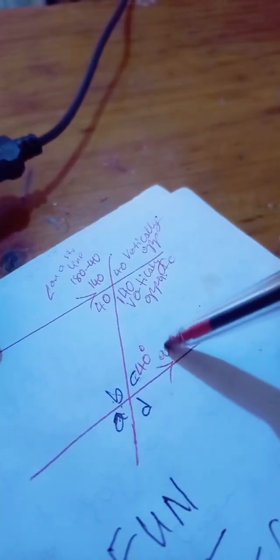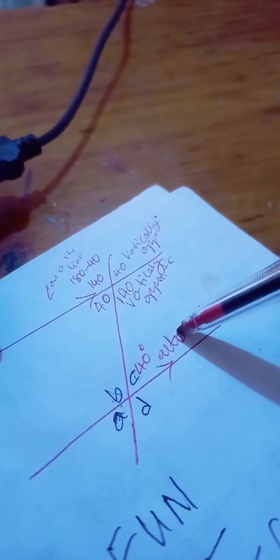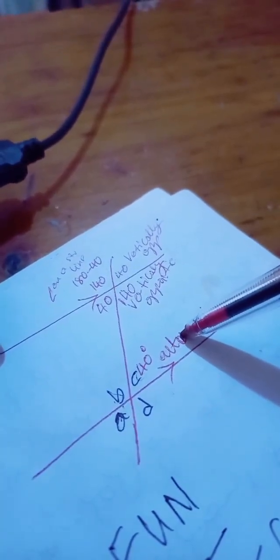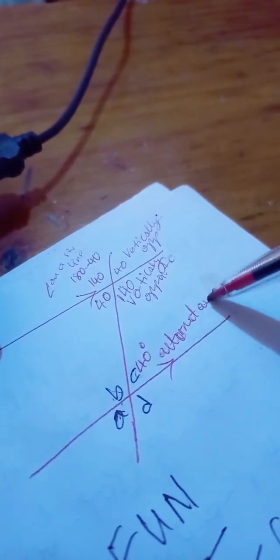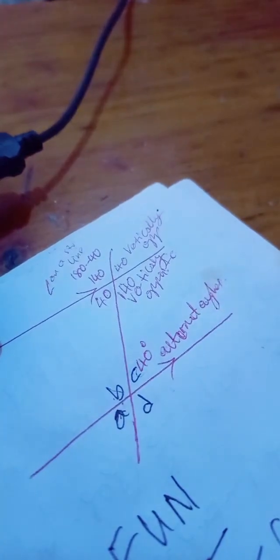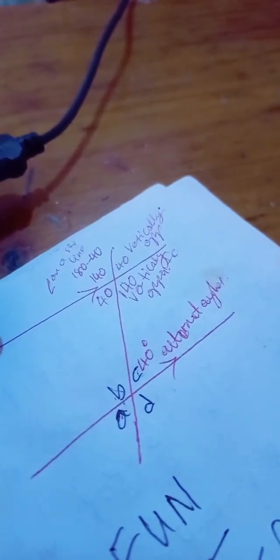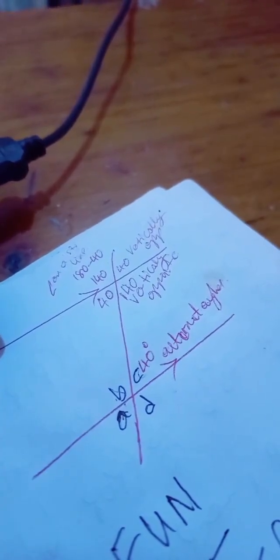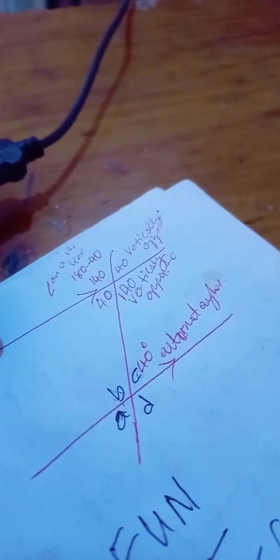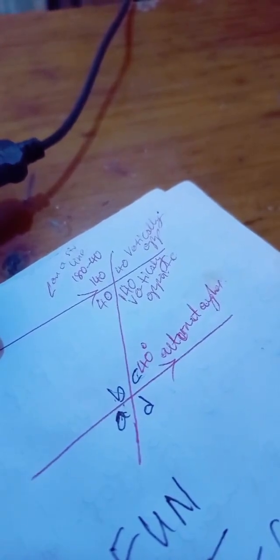Reason: alternate angles. Right? From having alternate angles, we go to angle B. What does B give us? B gives us 140 again.